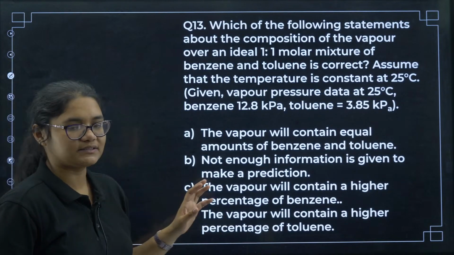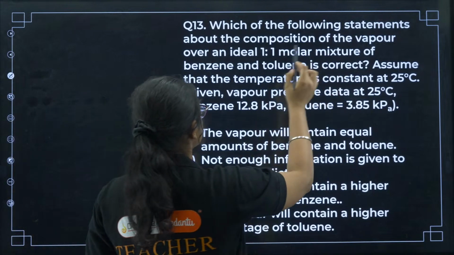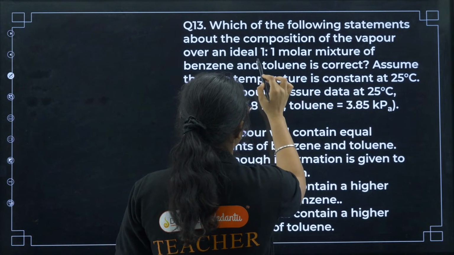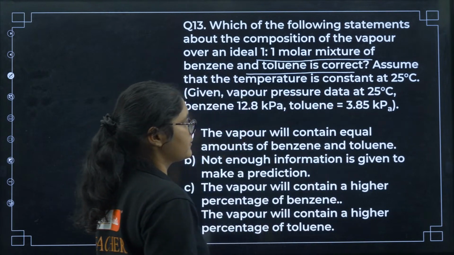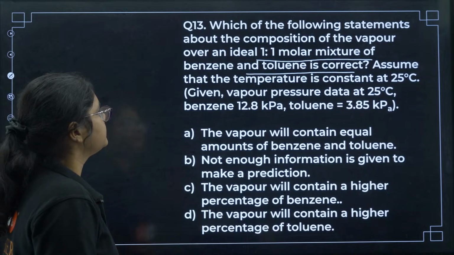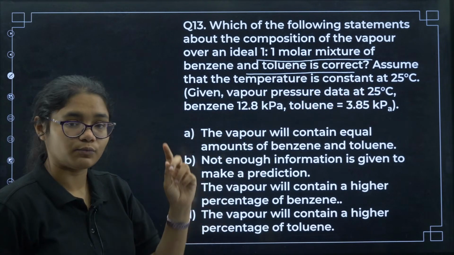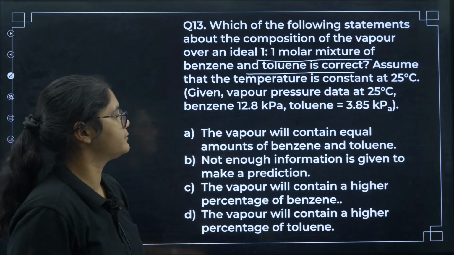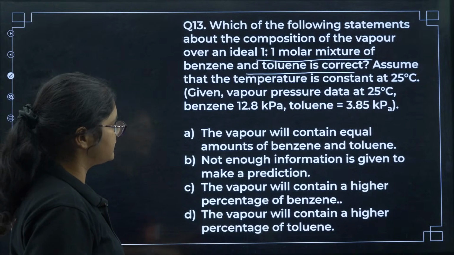Next, this question is again very important. Which of the following statements about the composition of the vapor over an ideal 1:1 molar mixture of benzene and toluene is correct? The question is asking about the composition in the vapor phase, so you should use the YA and YB concept. Assume the temperature is constant at 25 degrees Celsius.